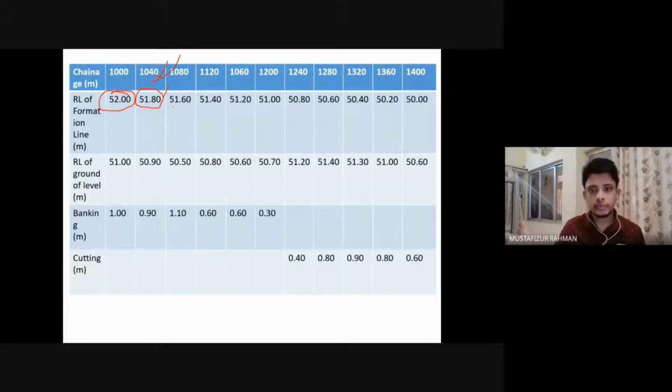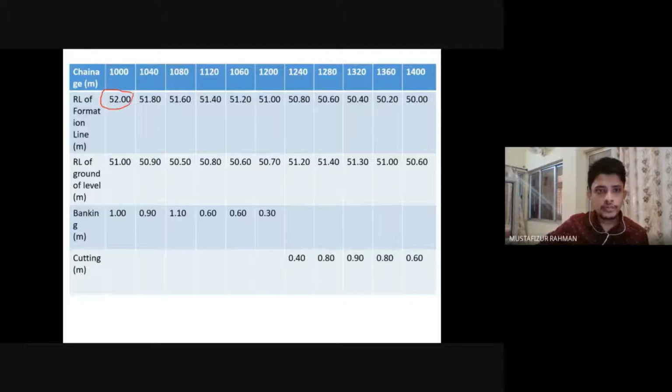With every 40 meters, we are coming down 0.2 meter in the gradient. So initial was 52 meter, then 51.8, subtracting 0.2, again subtracting 0.2, 51.6. This way we are coming down and finding out the RLs at different stations or chainages. Then we are finding out what the differences are.